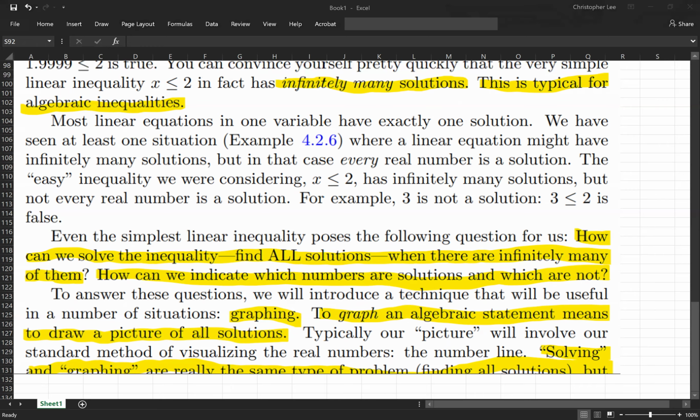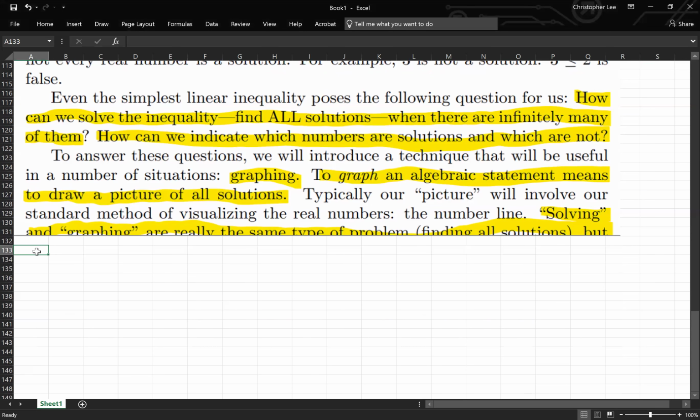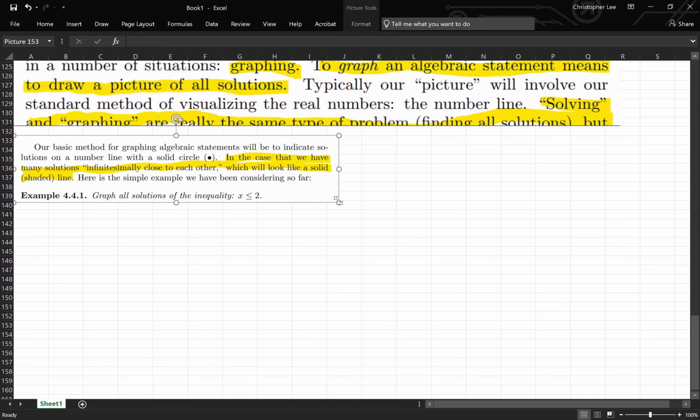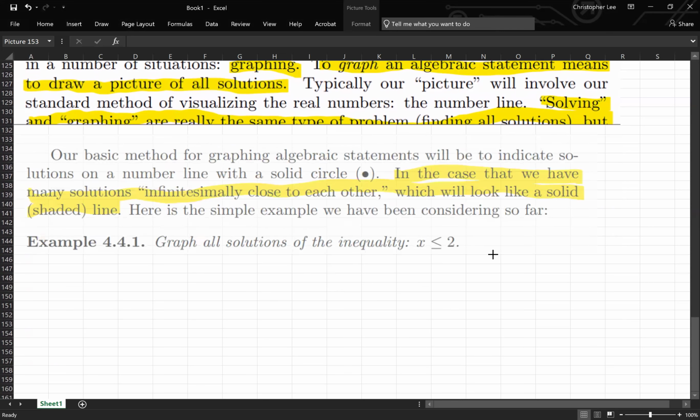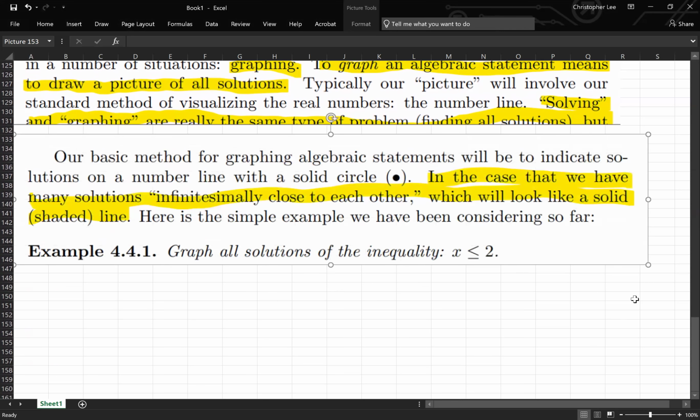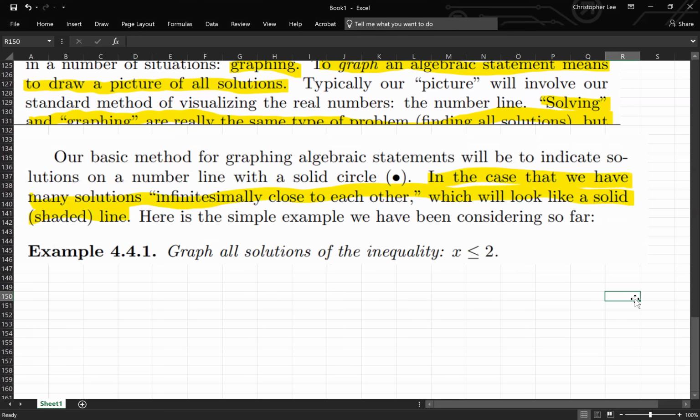So we're going to look at an example of this. Our basic method for graphing algebraic statements will be to indicate solutions on a number line with a solid circle.